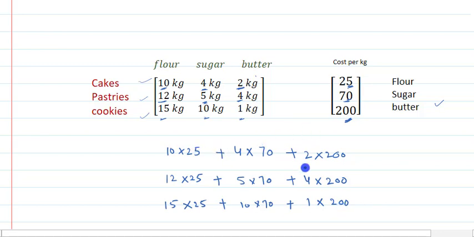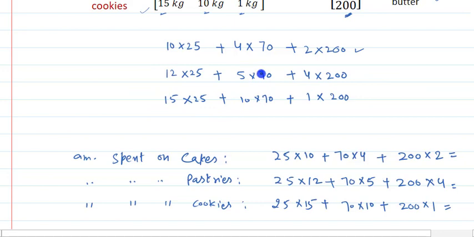Now let us compare this multiplication with the previous one that we have done. On comparing the two, we find that both are same. So it means by multiplying two matrices in this way, we can find out the amount spent on cakes, pastries and cookies.